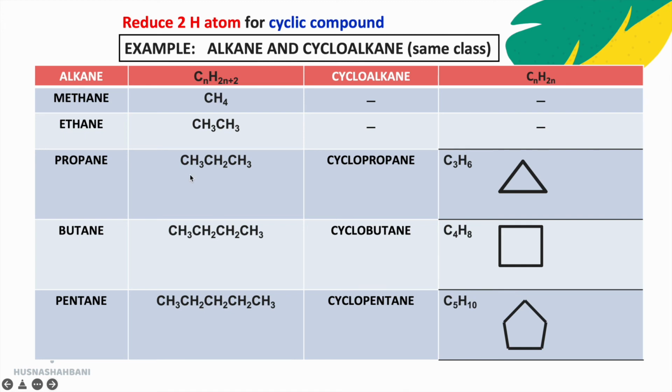If it's not cyclic, it's just a straight chain, carbon single bond with carbon single bond with another carbon. And this is cyclobutane, this is cyclopentane. And if you look at the general formula, for alkane, CnH2n+2, for cyclic, you have to reduce 2 hydrogen atoms, so it's just CnH2n.